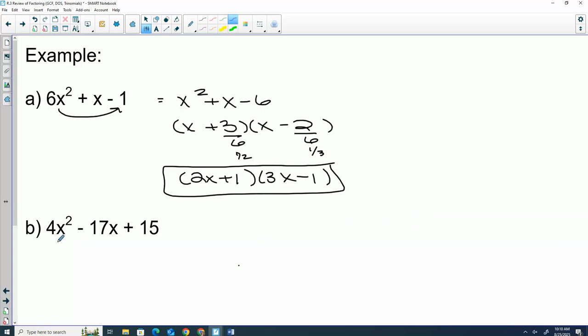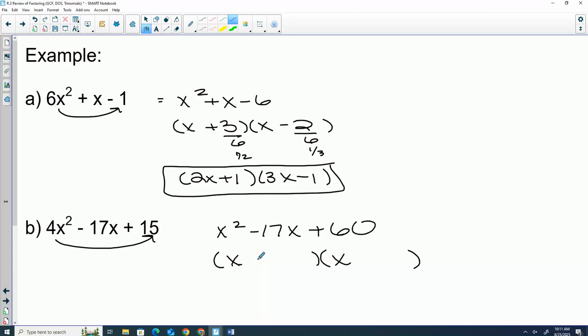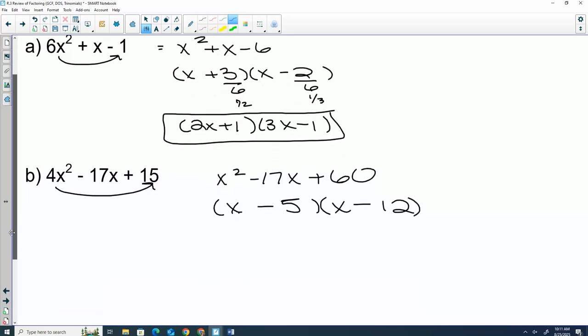B, if we bring our 4 down, okay, what would multiply to a positive 60 and add to a negative 17? Both negatives, so we get that negative 17.